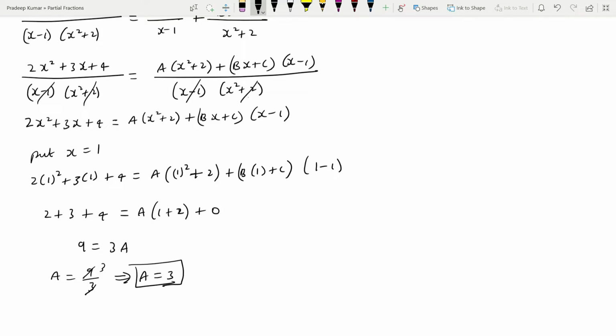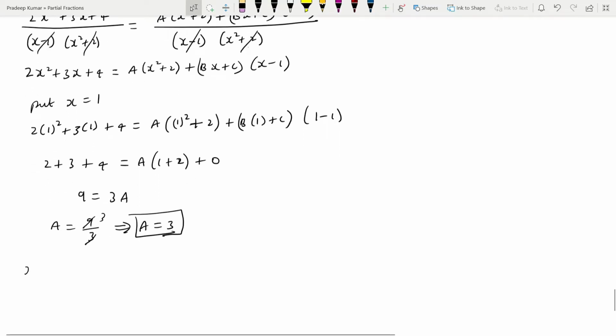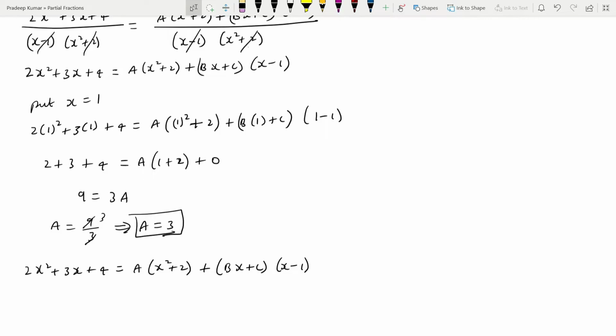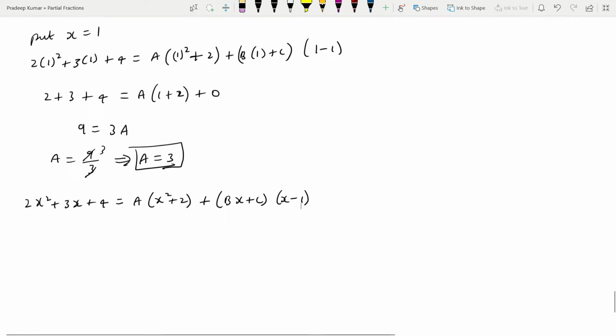Alright. So for that, we'll just take this particular equation. We'll try to solve this forward. So now 2x square plus 3x plus 4 is equal to a into x square plus 2, plus bx plus c into x minus 1. Now we'll just substitute a inside.